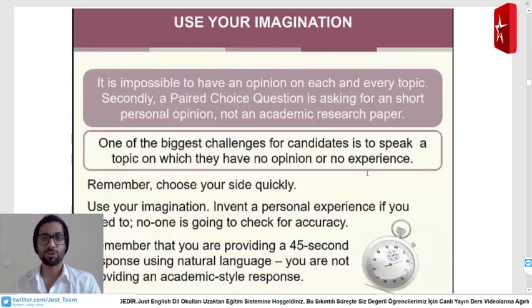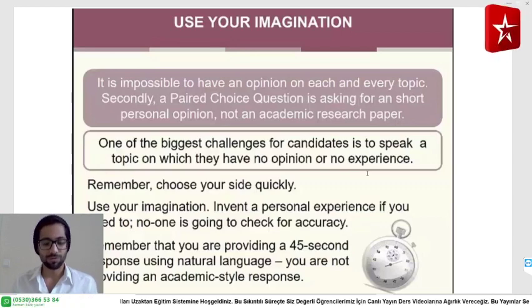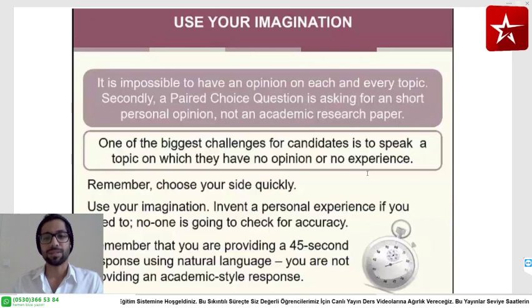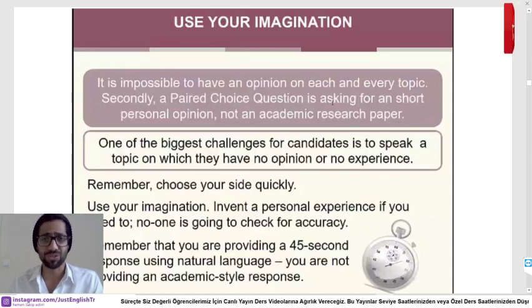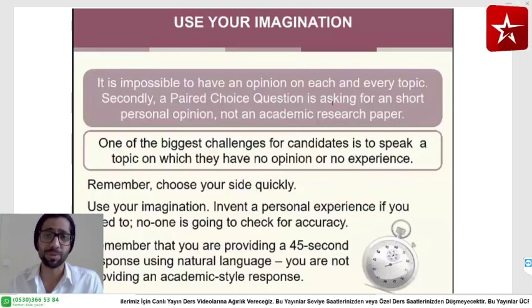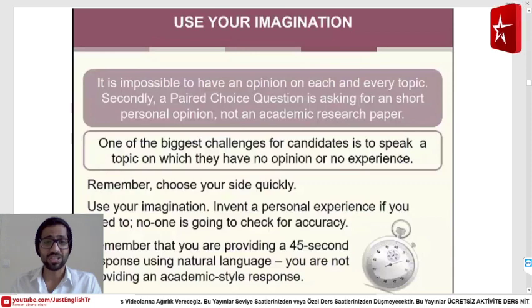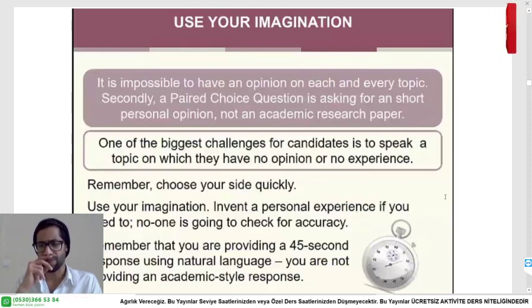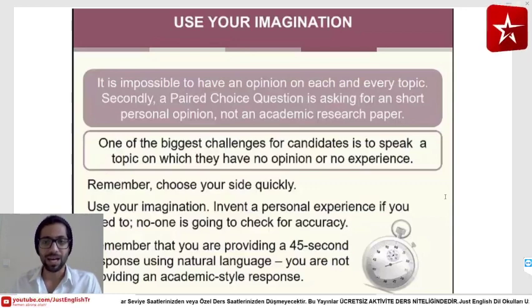It's very important that some questions you can answer very briefly, like a very small little answer. I recommend, and this presentation also recommends, that you add a bit of personal experience to your answer. You need to add a bit of opinion. What do you think of that? Now, the biggest challenge for so many students who took this exam is, how can I possibly talk about something I have no opinion or no experience with?